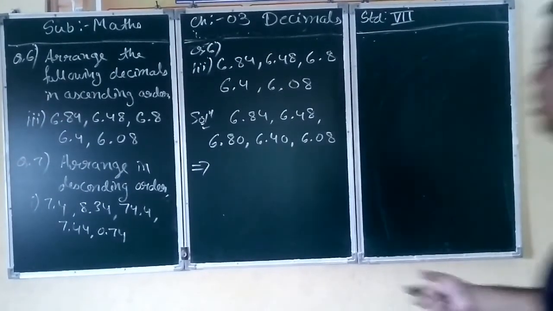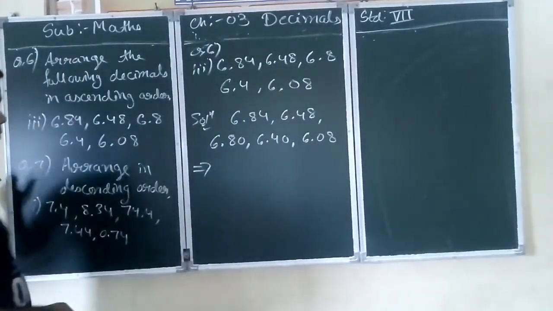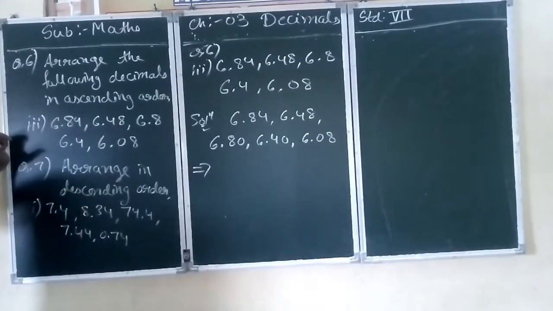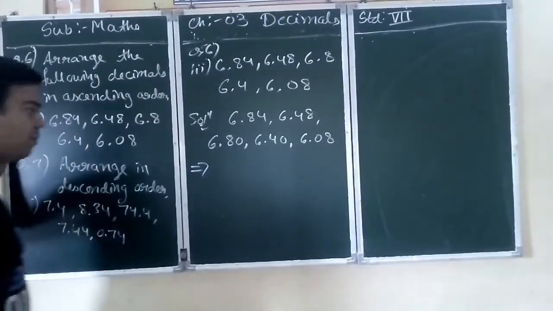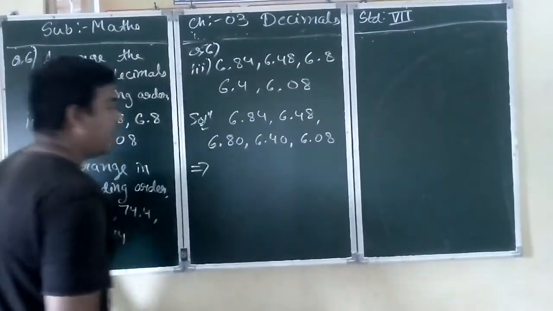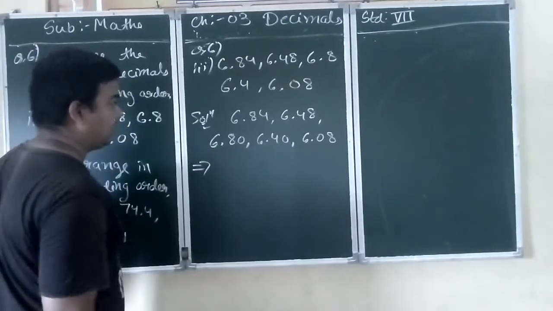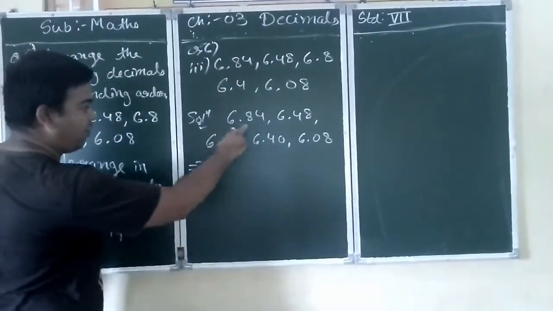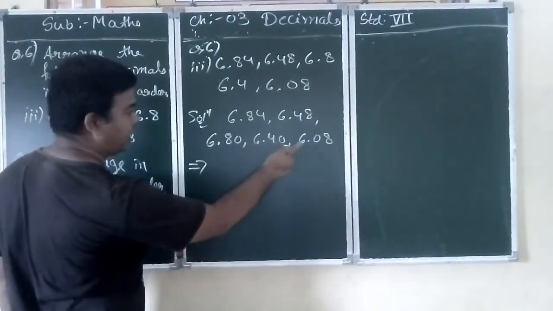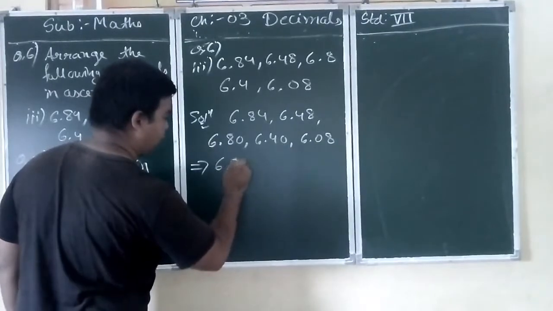The decimal parts are 84, 48, 80, 40, 08. So the smallest number is 6.08.